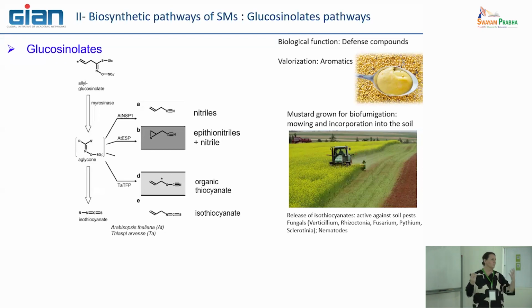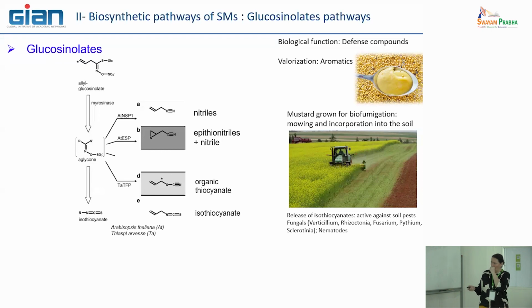Mustard is one of the most used plants for this type of application, and this way it is a natural way to make a new dynamic in the soils in order to protect the future plants, the future seeds that will be put in the soil.